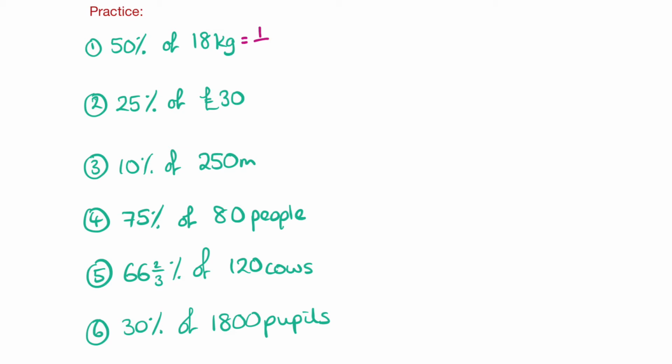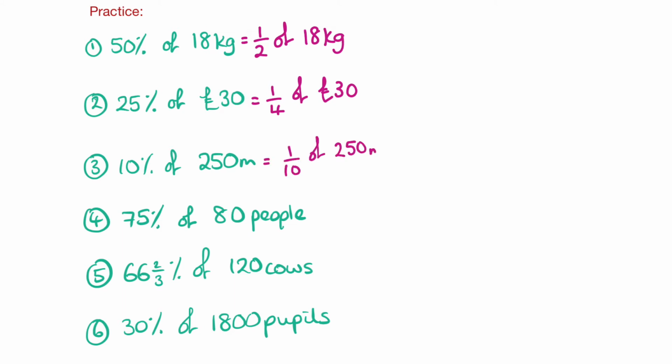So 50% is a half. 25% is a quarter. 10% is a tenth. 75% is 3/4. 66 2/3% is 2/3.